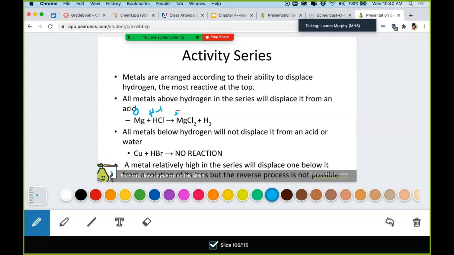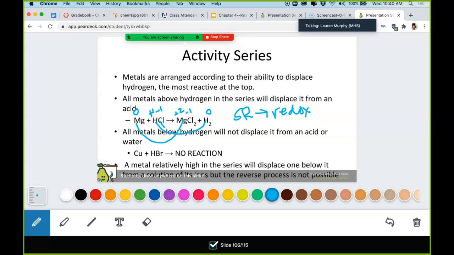Magnesium here is +2, chlorine is -1, and this is pure hydrogen, so this is 0. So the magnesium changes oxidation states and the hydrogen changes oxidation states. That's redox. Single replacement reactions are redox reactions, all of them.